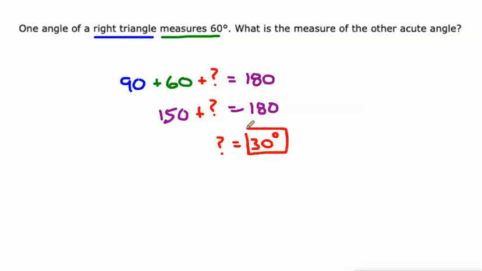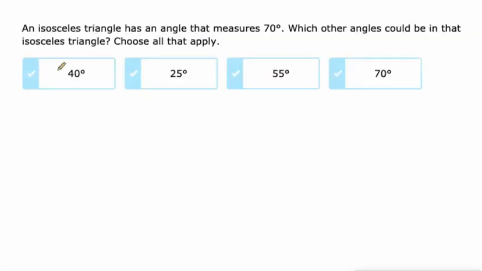Okay, and then we get into some isosceles triangles. So one thing we know about isosceles triangles is that they have two congruent angles. So an isosceles triangle has an angle that measures 70. Well, that means we could have a second angle that measures 70. So it could be 70 plus 70 plus blank that equals 180.